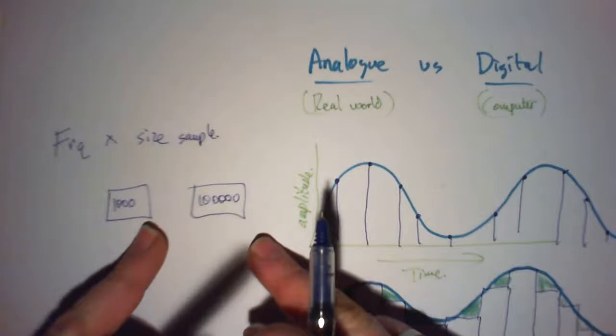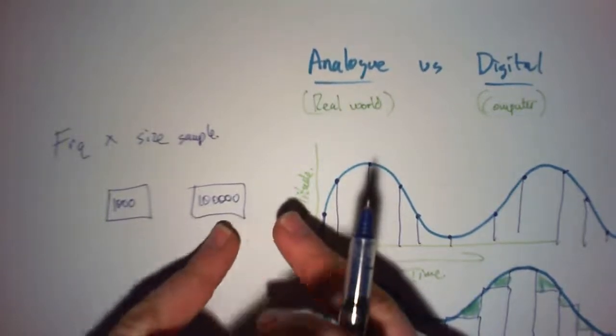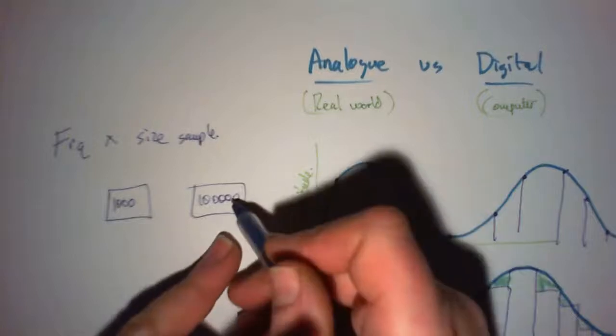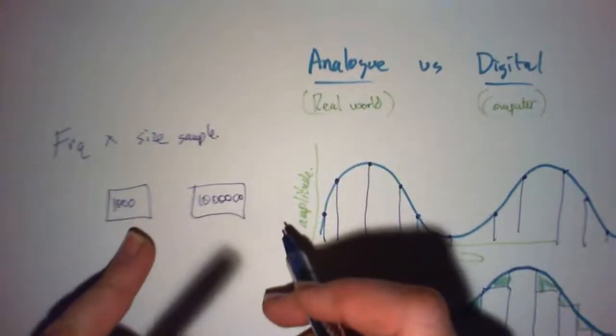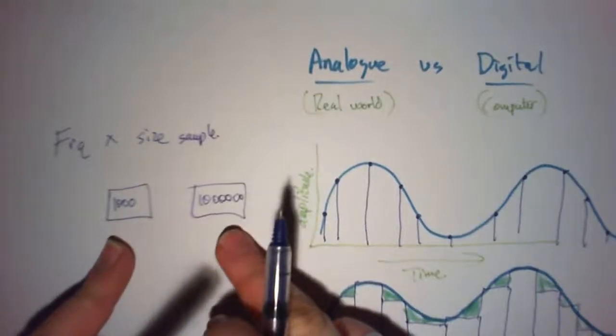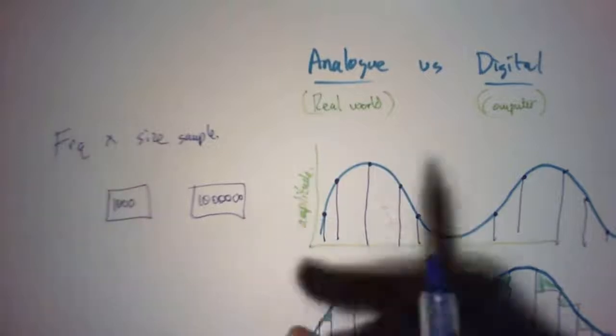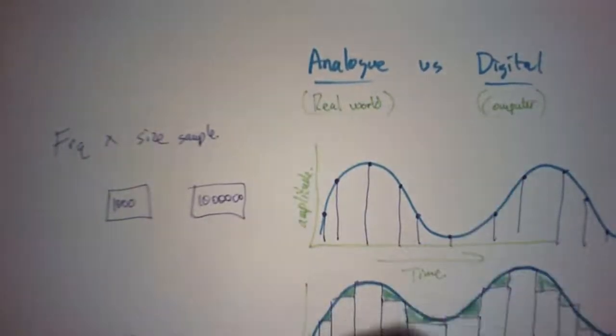Even if I have the same speed, I'll catch more things in 1,000,000 bits of information. Sorry, million, than I will in 1,000 bits of information. Even if they're both being read at the same speed. So the bigger the sample size, the faster the frequency, the more you'll pick up of the information. Okay, it just makes kind of sense.